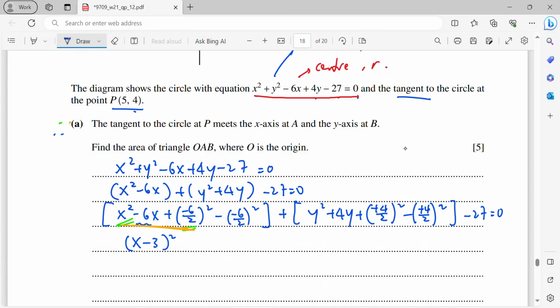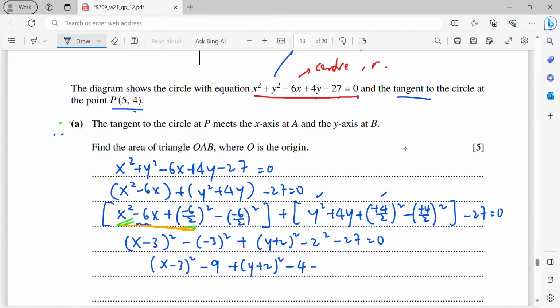It is basically minus 6 over 2. The next one is minus 3 squared. And then I combine the first and third term, it will be y plus 2 squared, then again minus 2 squared, minus 27 equals 0. From here, I will simplify all the terms.